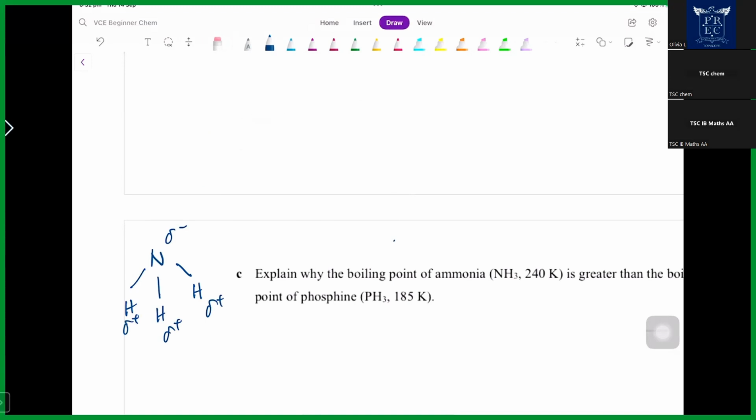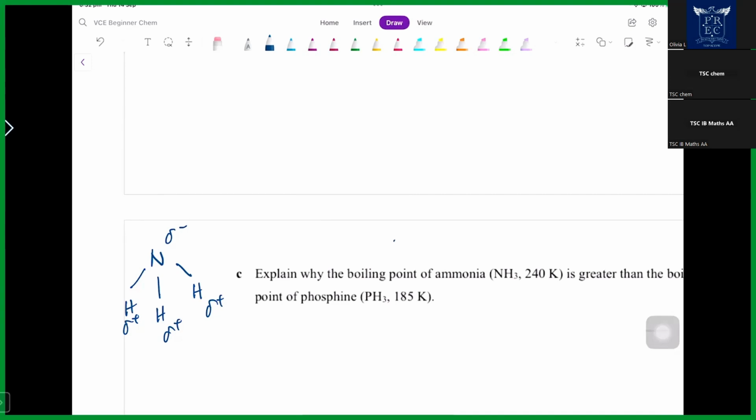Remember? For hydrogen bonding to occur, it must involve only 3 types of elements. What are they? Nitrogen, fluorine, and oxygen.